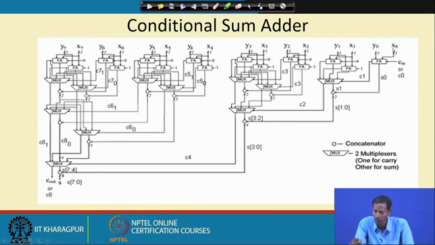Here we have considered x0 y0, then y1 x1. Then for y2 and x2, again we are considering 0 and 1. For y3 x3 also, 0 and 1 we are considering.